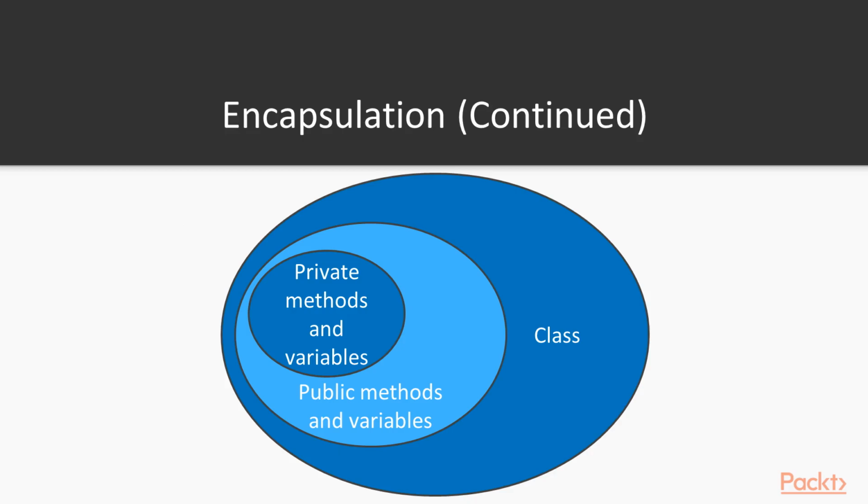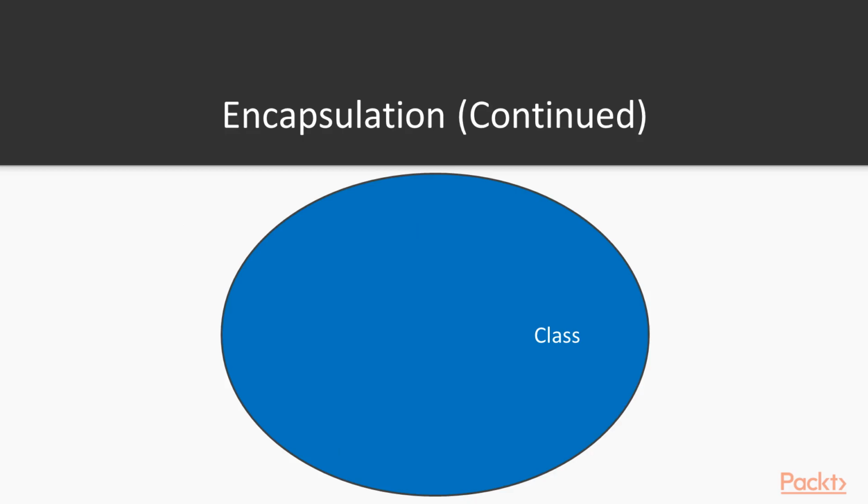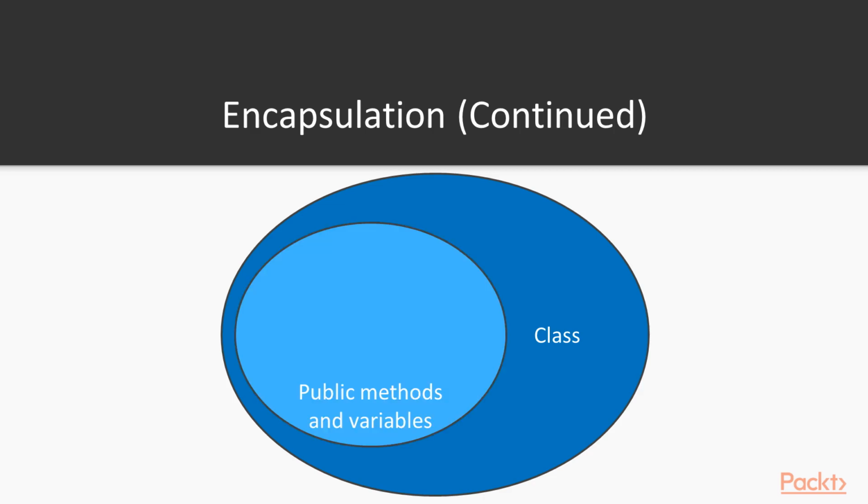Looking at the diagram, you can understand the declaration of any methods or variables are always under the class section. First, declarations without any specific syntax mentioned under methods or variables are always public methods and variables.